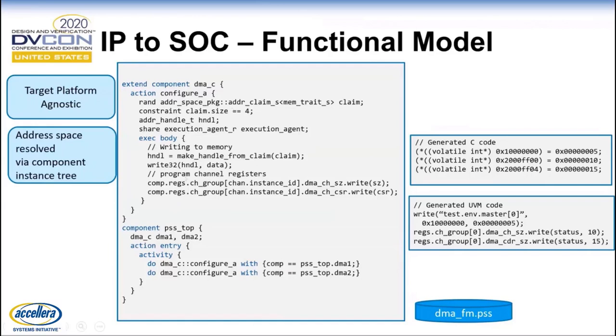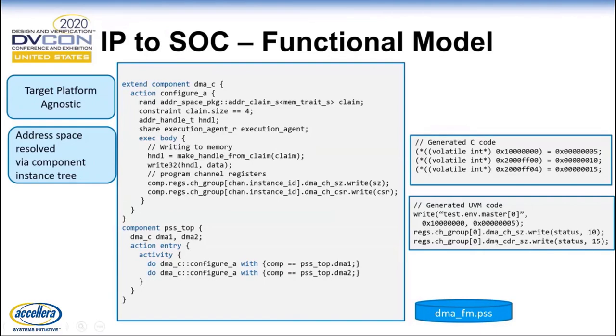So here, what is happening is we are programming a couple of registers. And this is what the code will look like in C, a write to a couple of registers. And this is what the code will look like in UVM, calling UVM functions, which are specific to the SystemVerilog code, which will be specific to specific registers or write to a general memory.